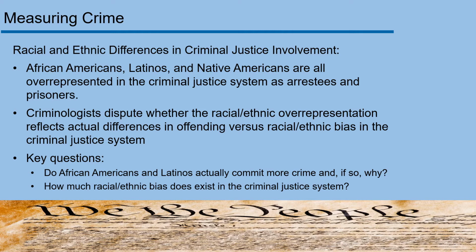So it's undisputed that people of color are grossly overrepresented in our criminal justice system. The book, using 2017 crime stats, illustrates this. They talk about how African Americans, who make up roughly 13% of the U.S. population, account for 52% of homicide arrests, 37% of all violent crime arrests, and their incarceration rate is 7 times that of whites.